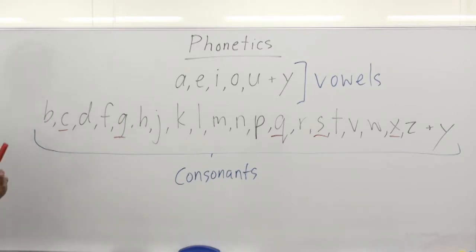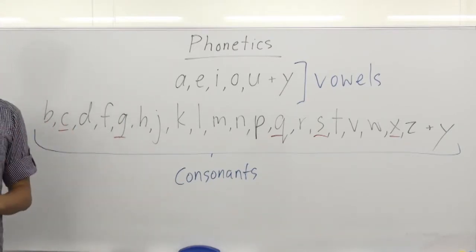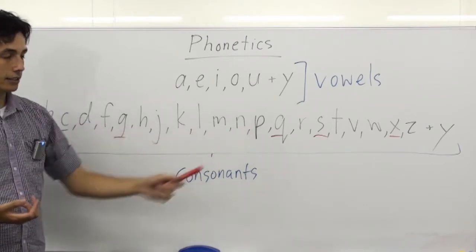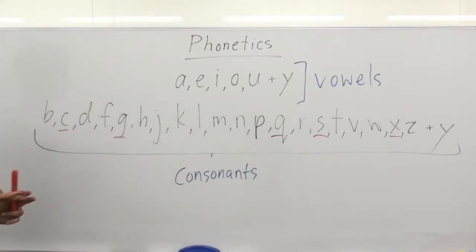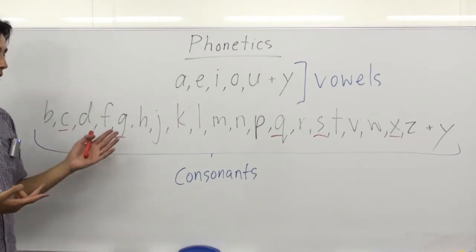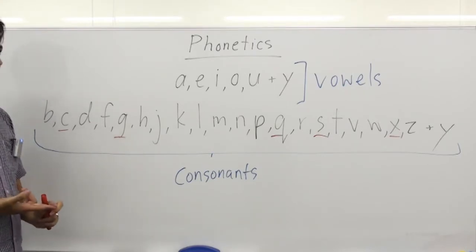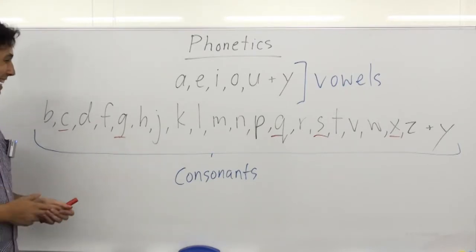Okay, so for C, we have two sounds. We've got the hard C, which is K, like in cat, and then the soft sound, which is like S, which is like circle or circus. For G, we have hard and soft sound again. We have G, like in gorilla or, I don't know, go.